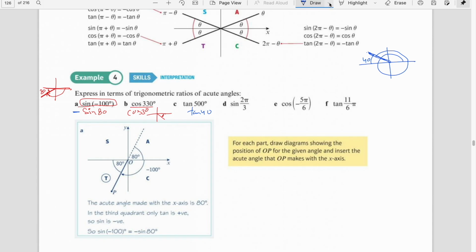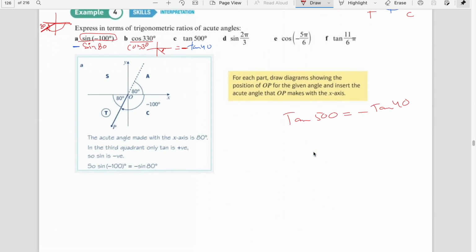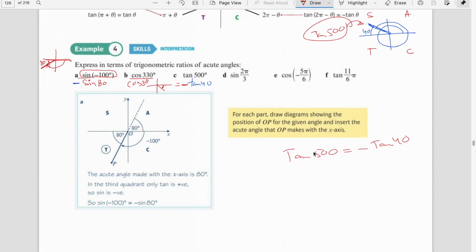But tan 500 lies in the second quadrant, so add sugar to coffee, it would be a negative value. So I'll write a negative sign before that. So tan 500 is equal to negative tan 40, because both have the same magnitude, the same basic angle, but we have to adjust the positive negative sign.